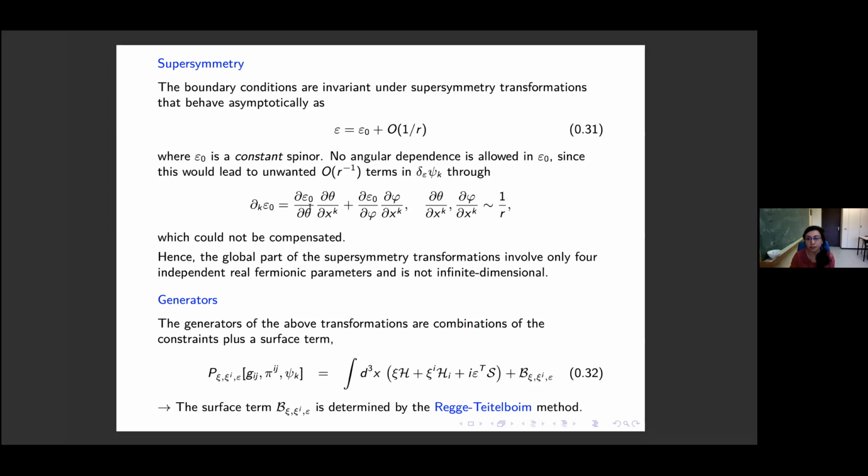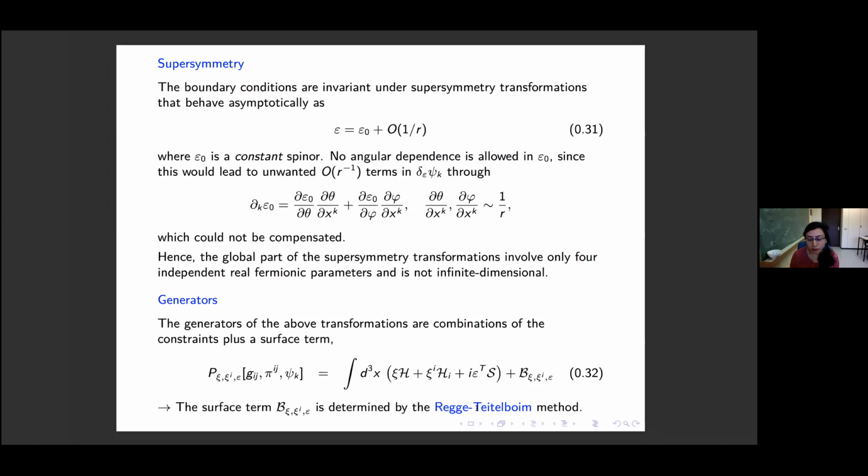And this is the chain rule that I was talking about. So again, this is an important result of our paper. The global part of supersymmetry transformations involves only 4 independent real fermionic parameters, and it is not infinite dimensional. Again, the question arises, can we get some infinite dimensional fermionic symmetry by some relaxing of boundary conditions? And this will be discussed by Oscar in the next talk.